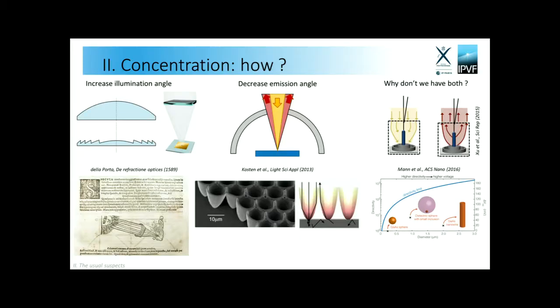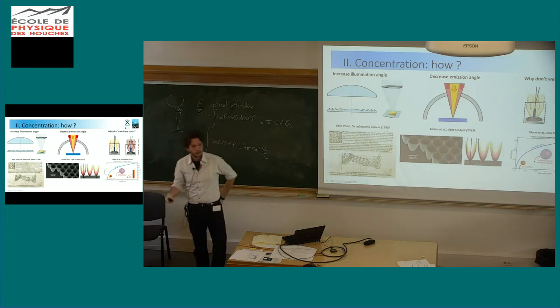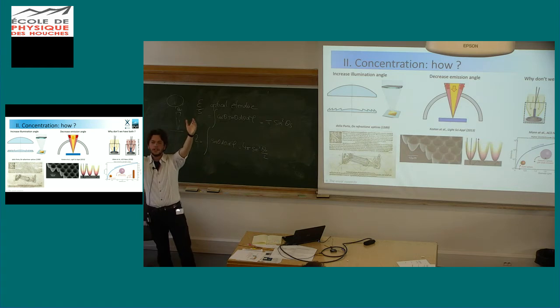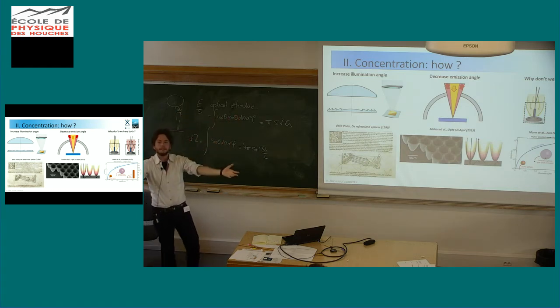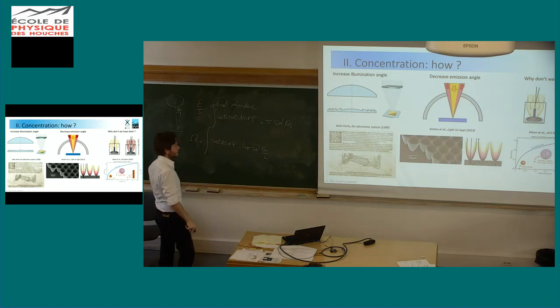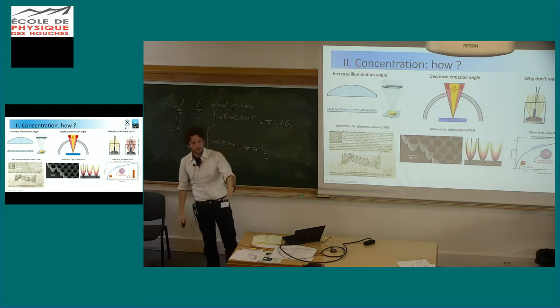And you can try and do both things at the same time. At the same time, try and concentrate light, which is coming in, which is to say increase the angles towards which you see the light source, and decrease the angles towards which you're emitting. And this is one of the motivations for many of the nanostructured solar cell devices to claim that you can have built-in behaviors.